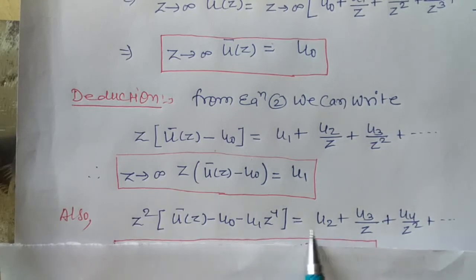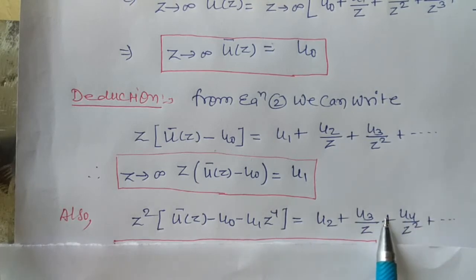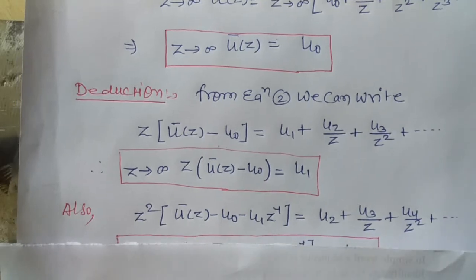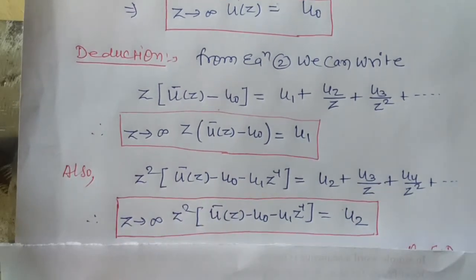Now we take limit z tending to infinity, then all these terms are 0 on the right hand side, and we have only u2 on the right hand side, and therefore we get limit z tends to infinity z square multiplied by u bar z minus u0 minus u1 into z inverse gives u2, next initial value.